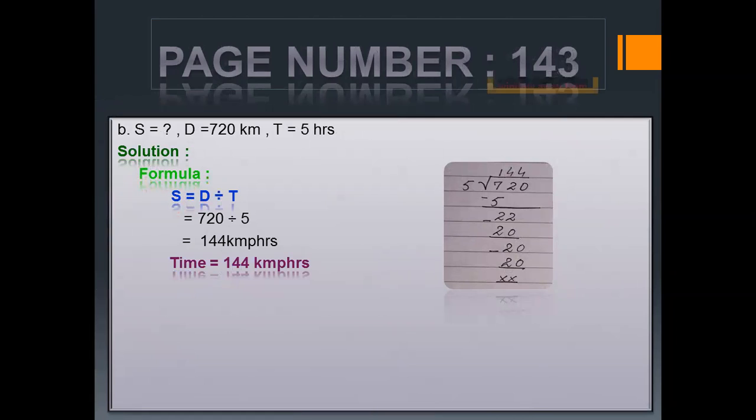In part B, here speed is unknown, distance and time are given. We divide distance by time. 720 divided by 5, 144 kilometer per hour.